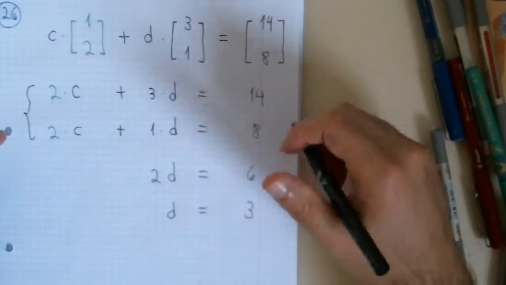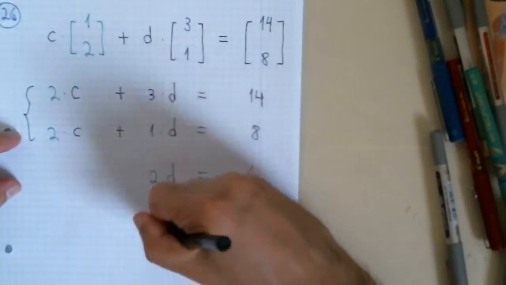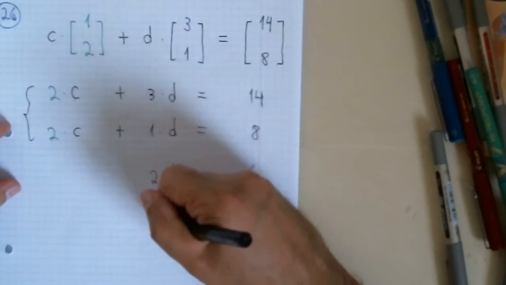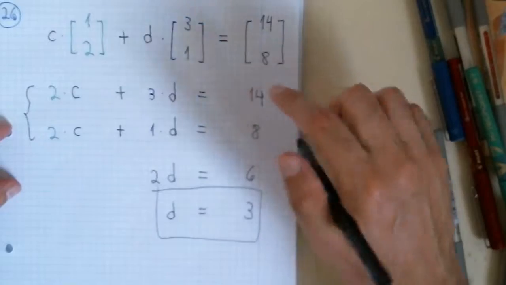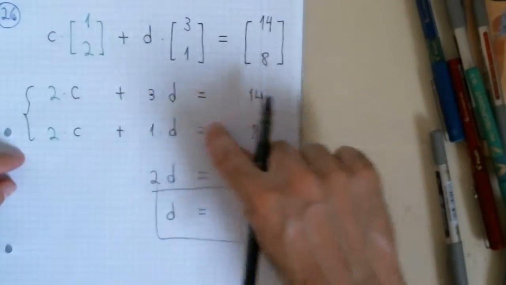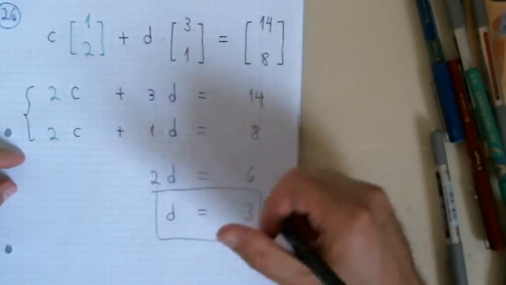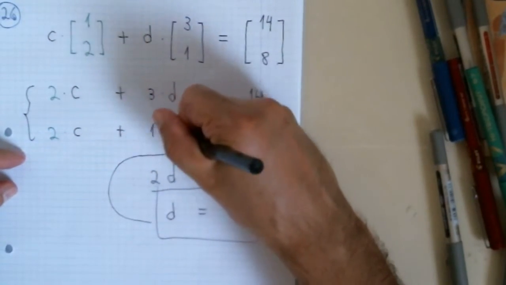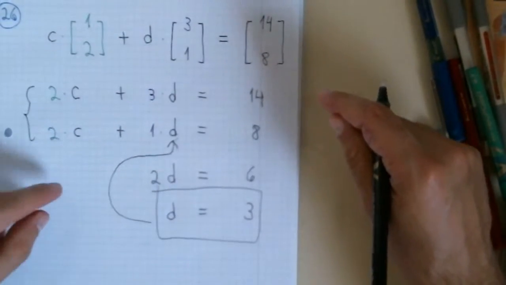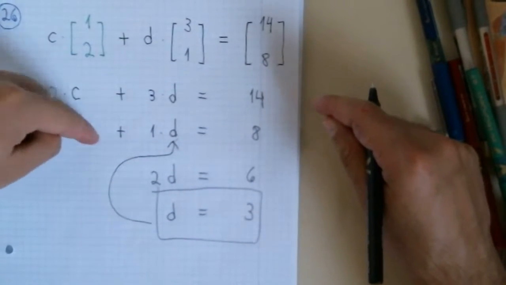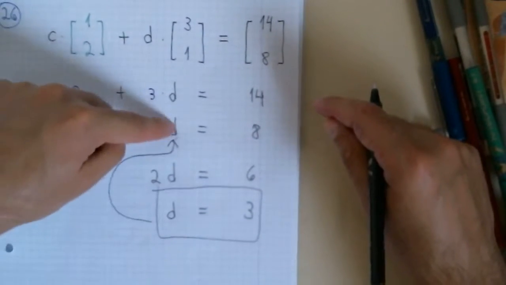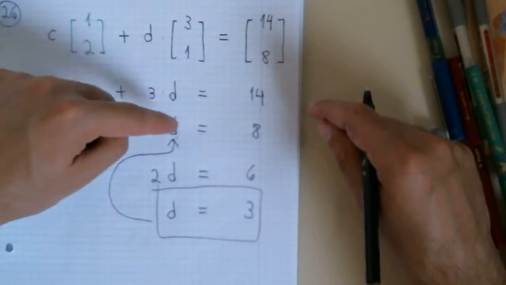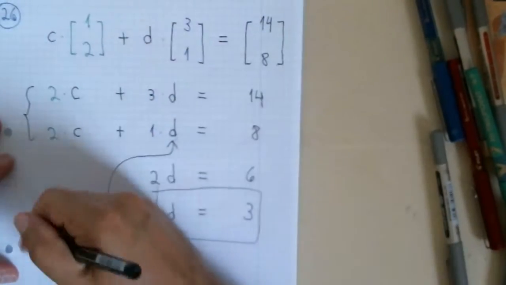Okay, and then we can take this d equals 3 and put it in one of the equations, let's say in the second one, which is smaller. So it's 2c plus d, and d is 3.